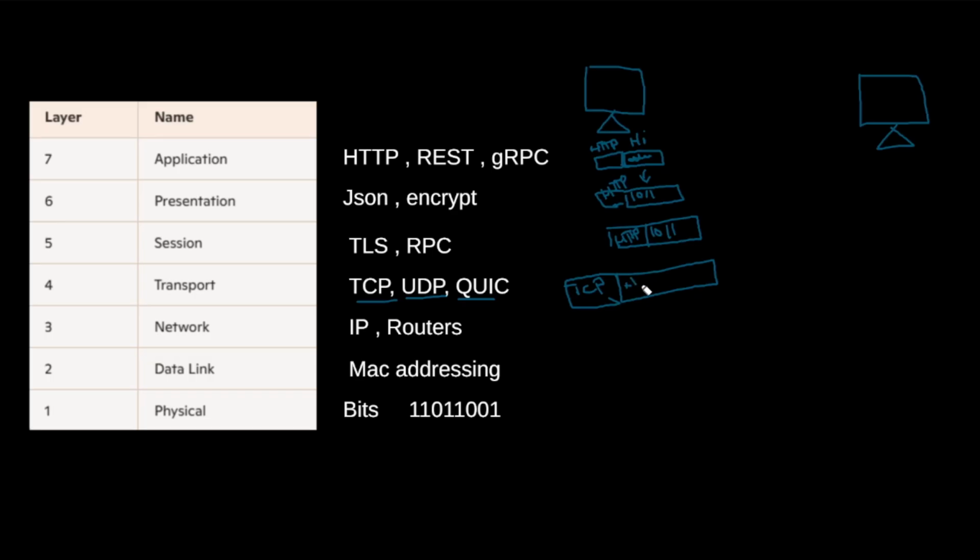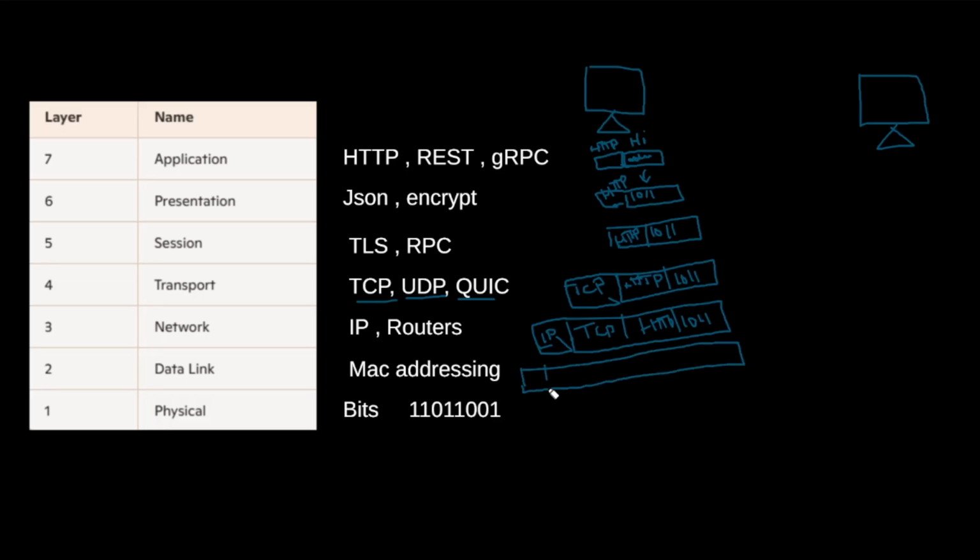And coming to the IP address, it will add the IP header here, and you will have TCP, HTTP, and 1011, something like this. And it will add the MAC header on top of this: the MAC, IP, TCP, HTTP, and 1011 here.